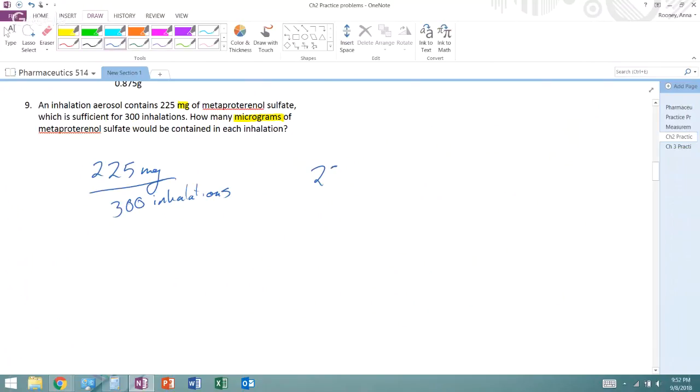So 225 milligrams, and you have to ask yourself, how many micrograms are in a milligram? Well, there are 1,000 micrograms for every 1 milligram, if I remember correctly. So this is 225 and 3 zeros. 1, 2, 3.